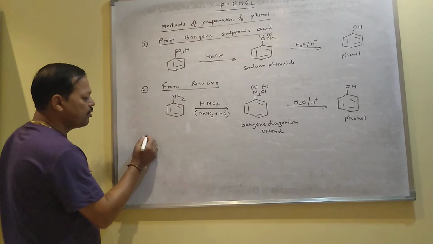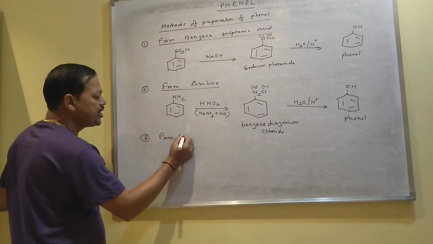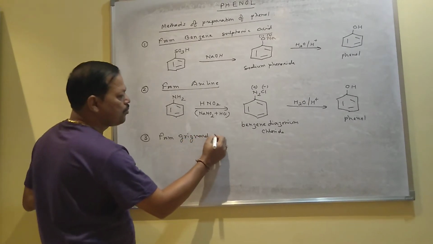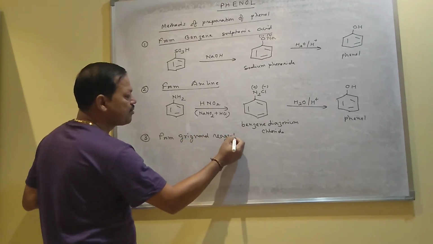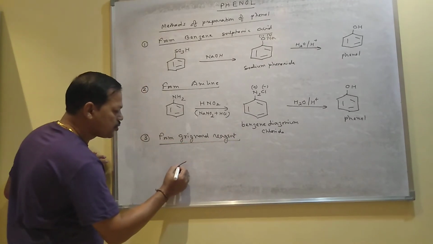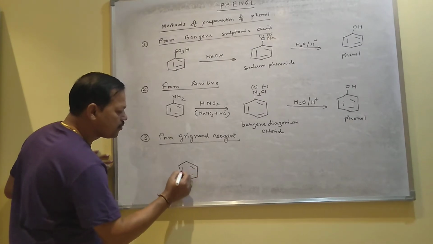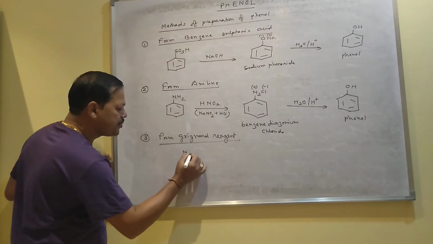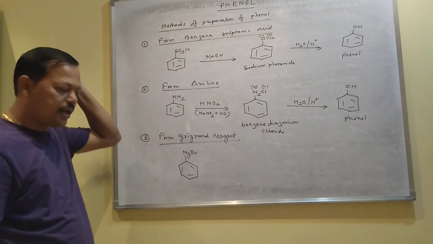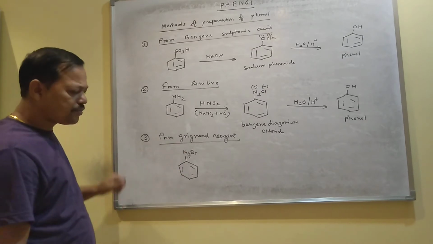Number three method, from Grignard reagent. So this is one Grignard reagent, MgBr, which is called phenyl magnesium bromide. One example of Grignard reagent, RMgX, like that.